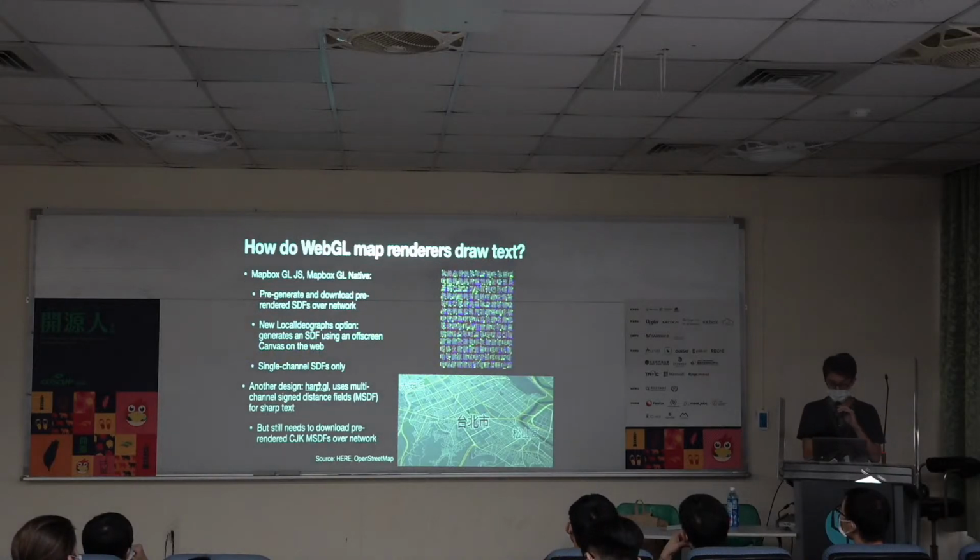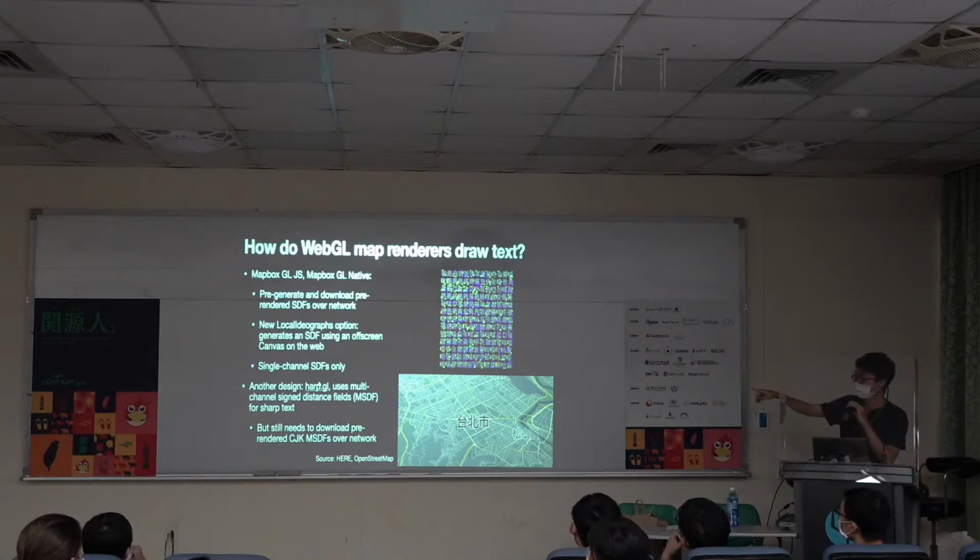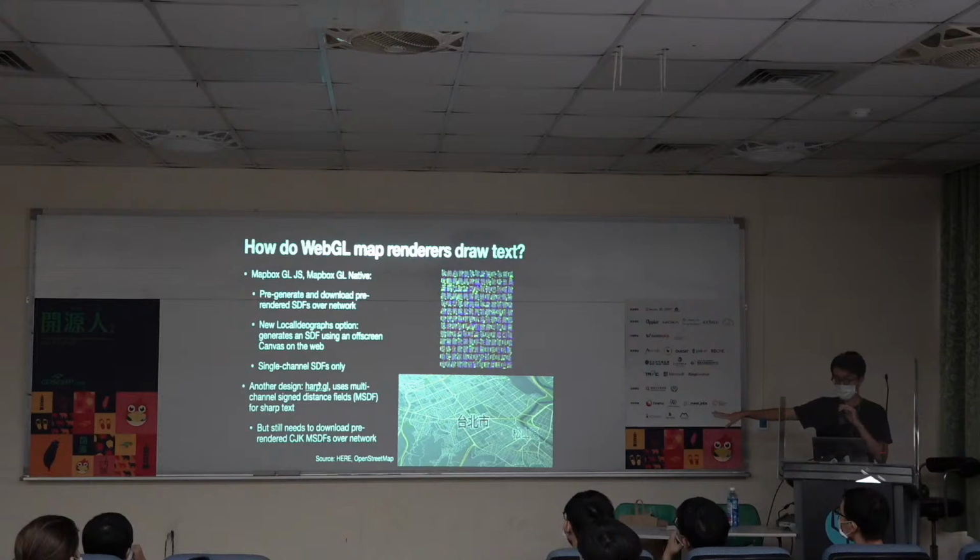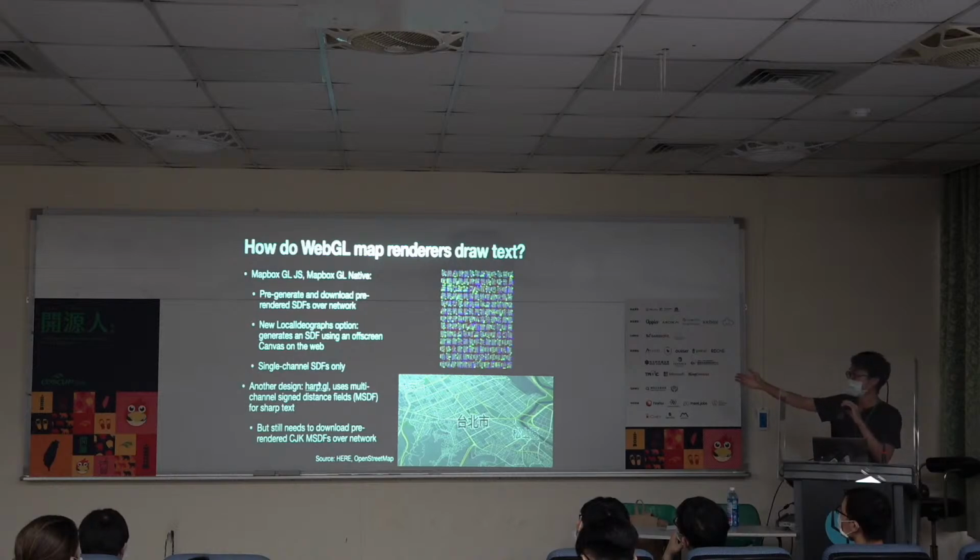And there are some strategies to improve this. You can use multi-channel signed distance fields, which store a different signed distance in each channel and then average them. There is another renderer for vector tiles called HarpGL, and it does use these. The other downside with these renderers for Chinese characters is that they need to download all of these distance fields over the network.